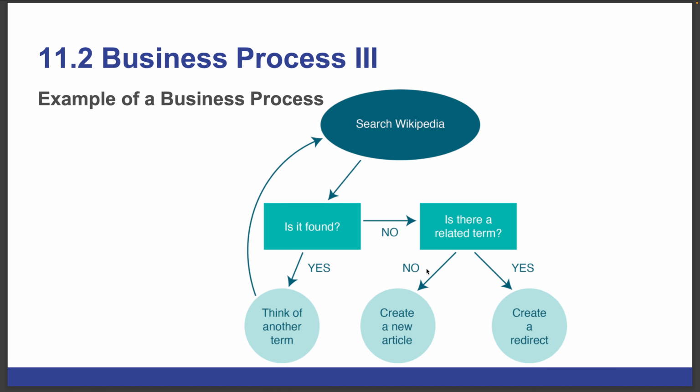We have data flow diagrams and the unified modeling language, or more popularly called UML. So these are the different types of tools which are used to describe or record the business processes.